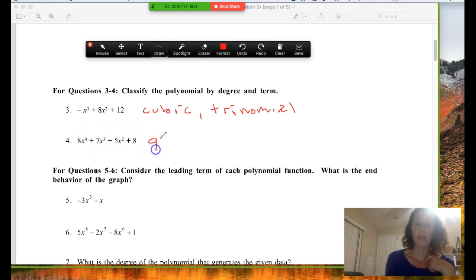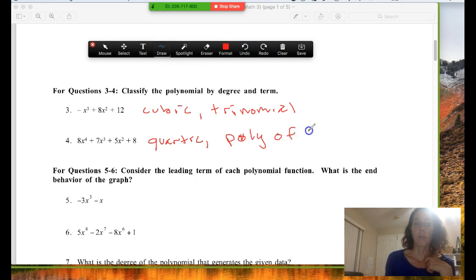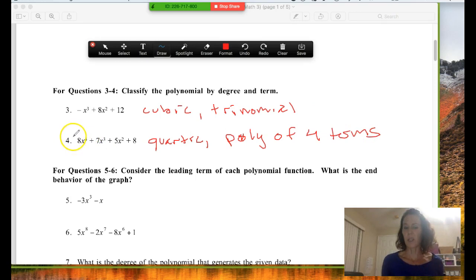And then I would say it's a poly, P-O-L-Y, let's see if I can spell that right, P-O-L-Y of 4 terms. Okay, quartic. And then it's got 4 terms. So we say binomial and trinomial. When you get to 4 terms, we say 4 terms, 5 terms, 6 terms, okay? A monomial would be 1 term.